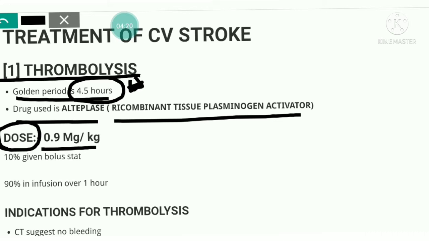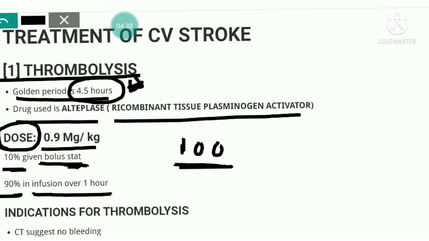Whatever dose we get, if we get 100 mg, then 10% of the dose, 10 mg, is given as a bolus IV stat, and the remaining 90 mg is given as an infusion over 1 hour. This is the actual dose of alteplase.